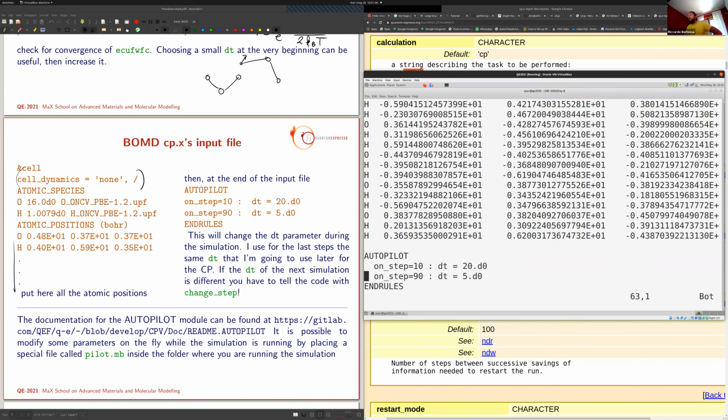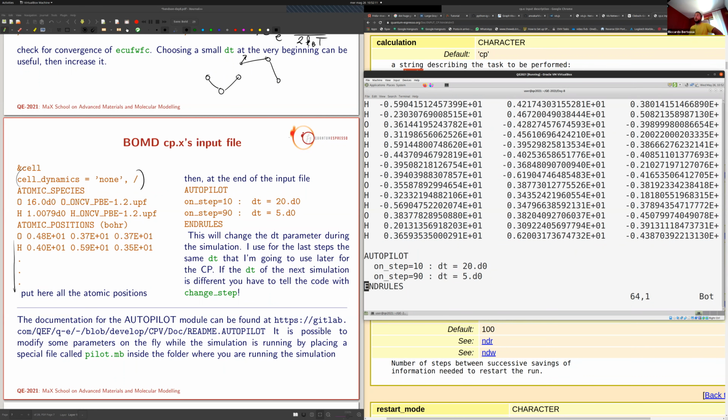Then at the end of the file, you can have a special card that is specific to the Car-Parrinello code, which tells the code to change some parameters of the simulation during the run. This can be useful, especially with the first steps of the simulation, because you don't have to write a lot of input files.